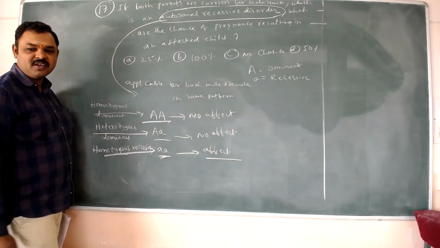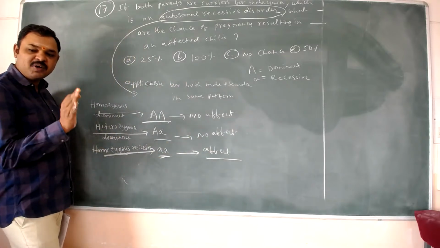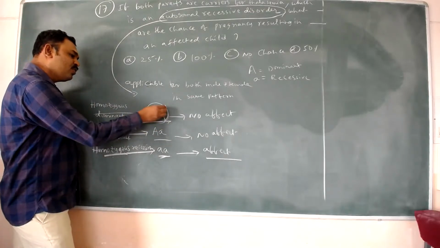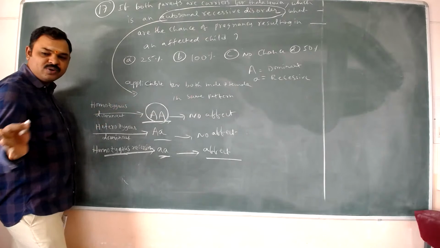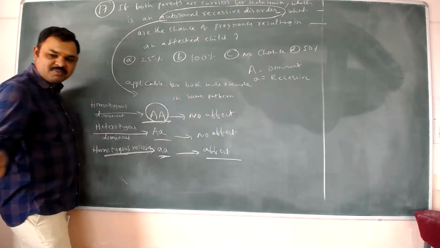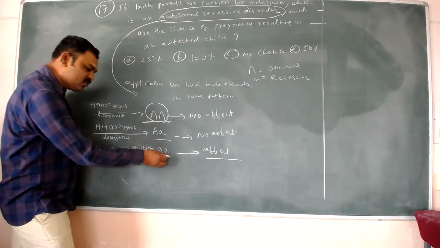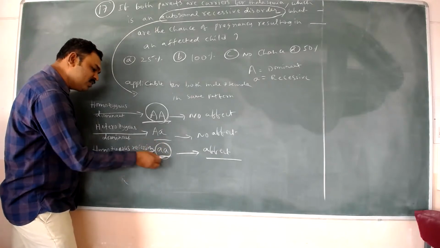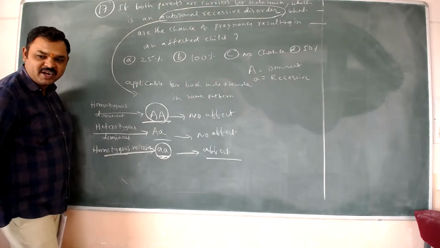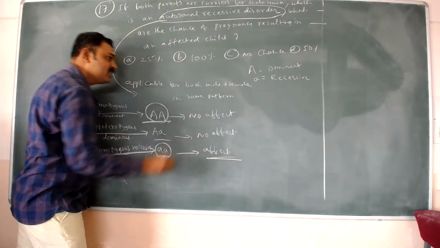In thalassemia, suppose the A allele is responsible. If the alleles are two dominant, thalassemia could not occur. If it is one dominant and one recessive, thalassemia could not occur. If both are in the recessive pattern, meaning small letters, then in that case the disease would happen.